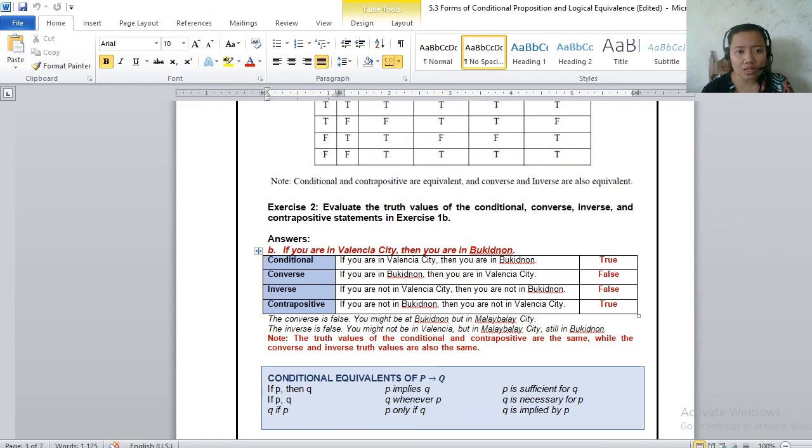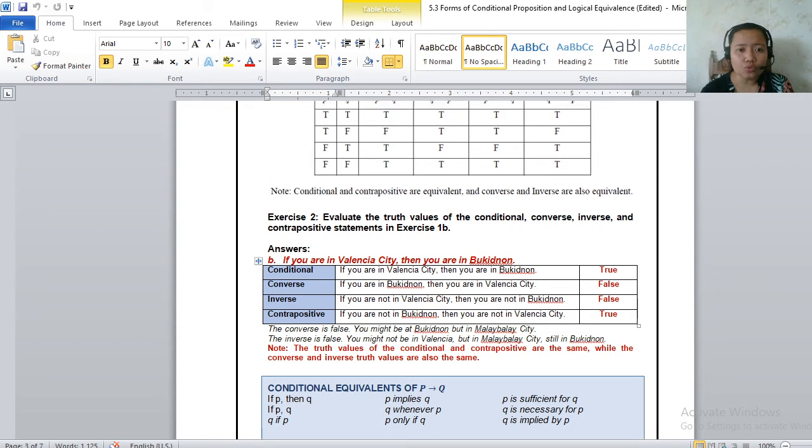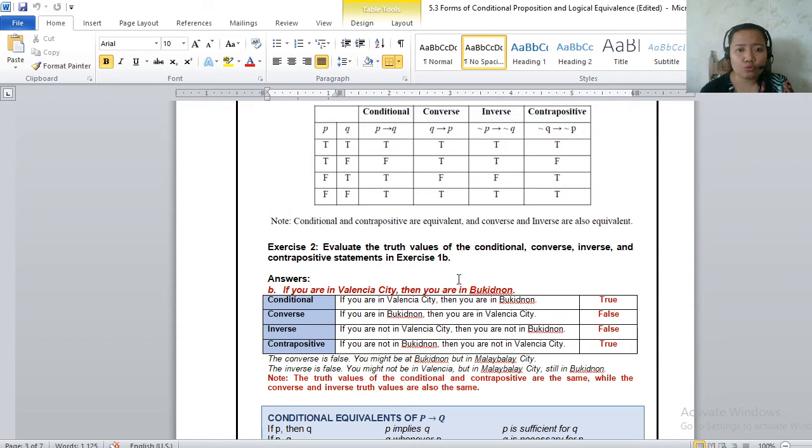So the given is, if you are in Valencia City, then you are in Bukidnon. So for conditional, if you are in Valencia City, then you are in Bukidnon. That's true. For converse, if you are in Bukidnon, then you are in Valencia. That is for converse.